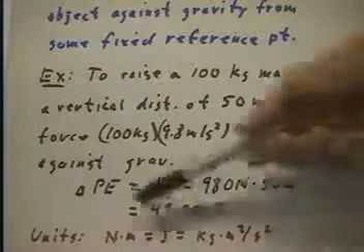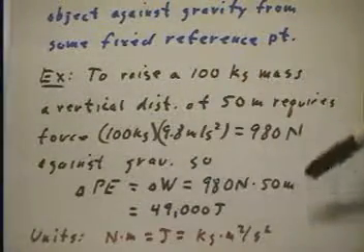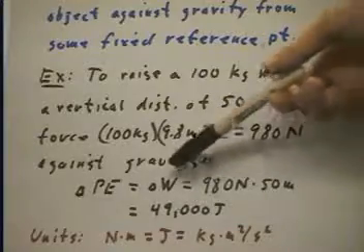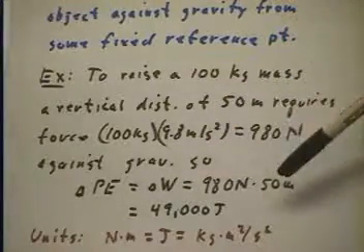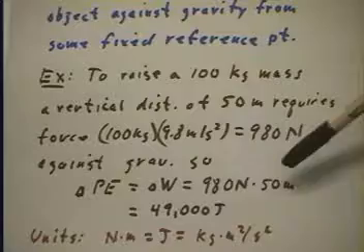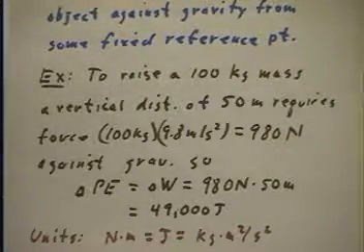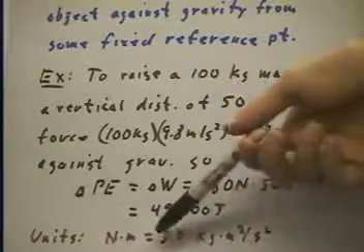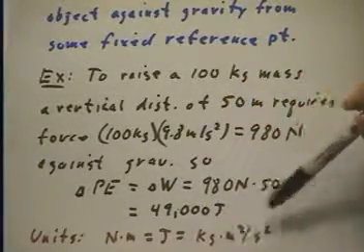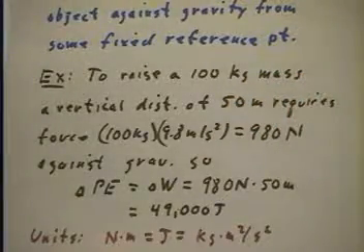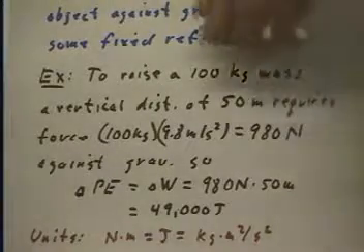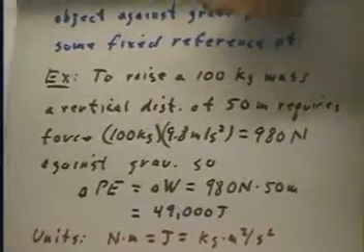So our potential energy change is equal to the work done between the 2 points, which is force times distance, 980 newtons times 50 meters, or 49,000 joules. Our units are Newton meters, which are joules, and we write that as kilogram meters squared per second squared, in what's by now a familiar conversion.